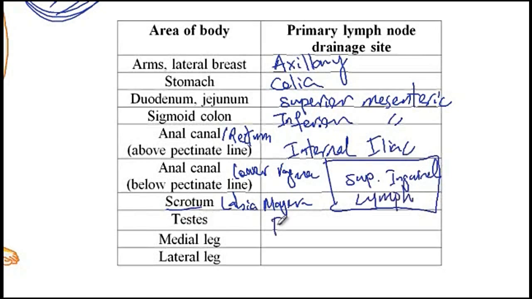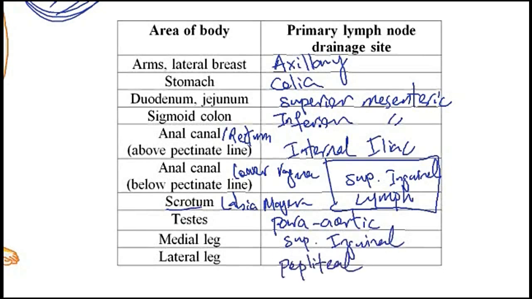Testes will go to the para-aortic area. Medial leg via the great saphenous vein goes to the superficial inguinal lymph nodes. And then the lateral leg via small saphenous vein go to the popliteal lymph nodes. And that concludes our discussion.